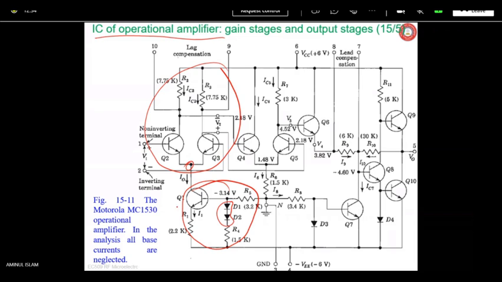Why less? That we will be discussing. If you neglect the loading on Q5 of the emitter follower Q6, whose input resistance is high compared with 3 kilo ohm. See, this is taken as 3 kilo ohm, R7. But input resistance here is very high. This is an emitter follower, and emitter follower is having an input resistance. CC is the input emitter follower or not? Common collector configuration is emitter follower. Yes.